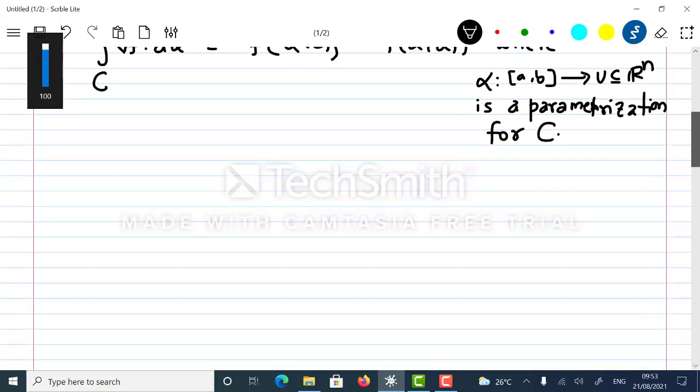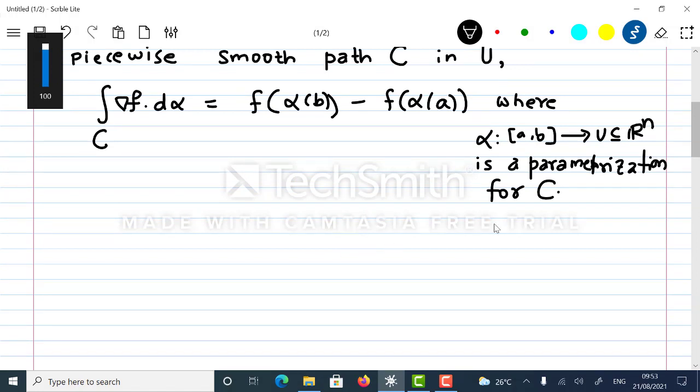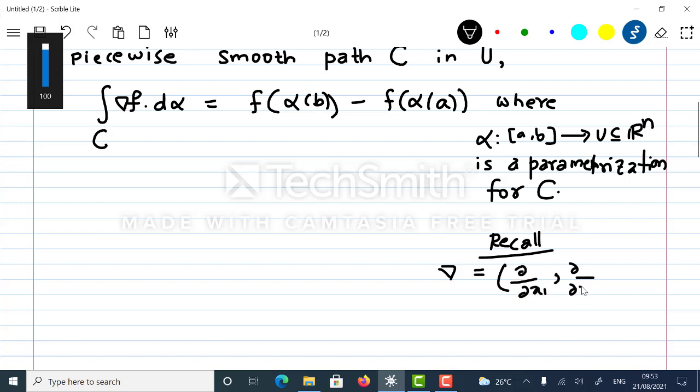Okay, so before proving this, let me just recall what is gradient and all. So recall, grad is basically dou by dou x1, comma dou by dou x2, comma dot dot dot dou by dou xn.